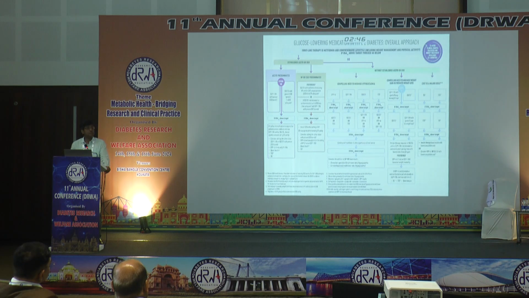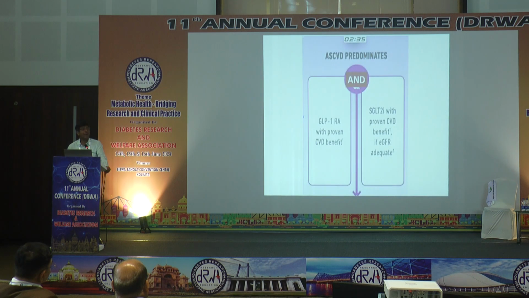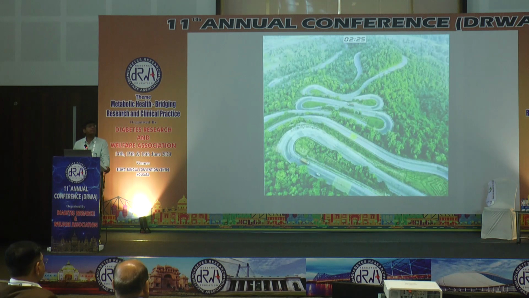And this particular guideline, where atherosclerotic cardiovascular events predominate, we talk about A or B, that needs to be A and B, because if you really want to prevent atherosclerotic events, either choose a pioglitazone or choose a GLP-1. It's a pretty tricky pathway of how you actually analyze clinical data and how pharma presents that to us.